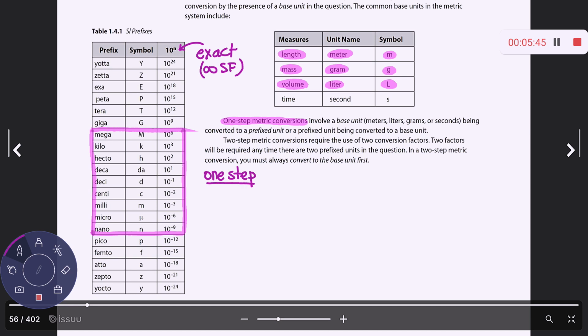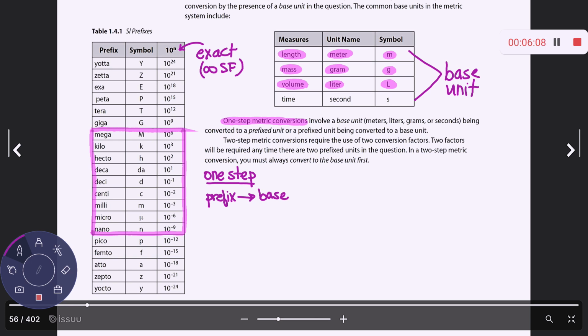There are two different types, okay? The first type is going to be a prefixed unit to a base unit. So these right here are the base units in the metric system. They are one-letter units. The prefixed unit will have two letters, right?